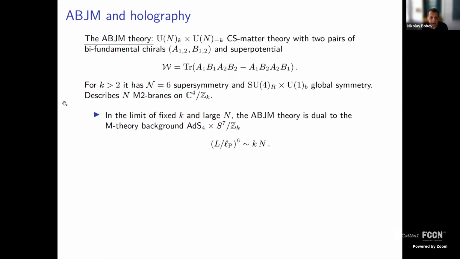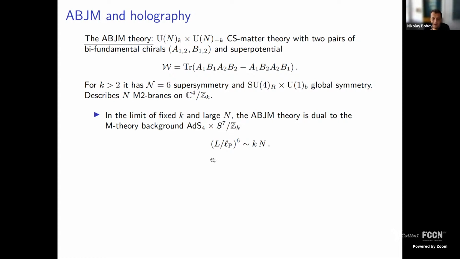Okay, so there are two interesting limits at large n. You can take n large, the rank of the gauge group, and keep k fixed, and this corresponds to a limit in which you are describing M theory on AdS4 times S7 mod Z_k. And as I said, this is a smooth action.